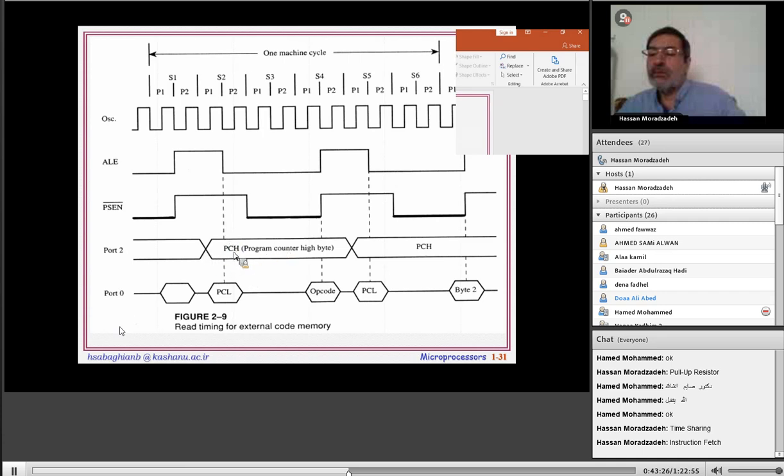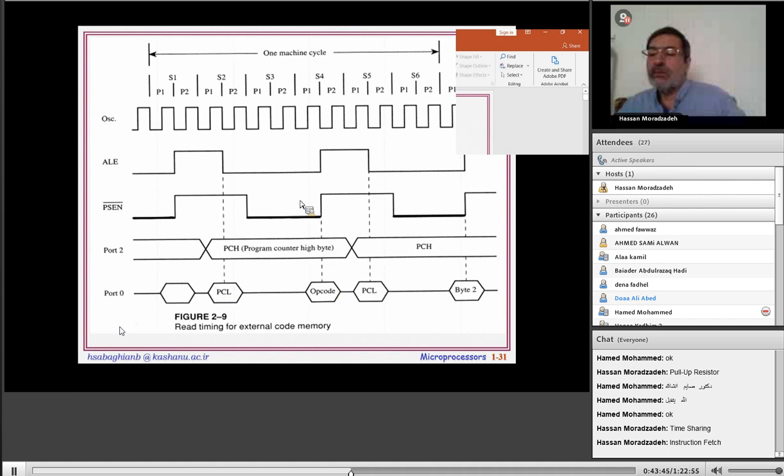It is active low. Port 2 address bits A8 to A15 are activated when you deactivate the address latch enable.